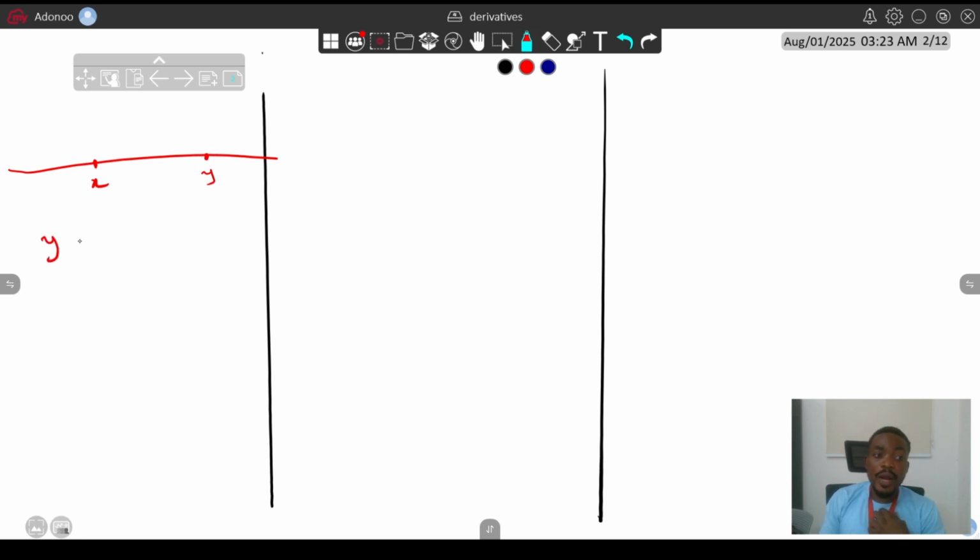So I can say Y is equal to where I stood at X, plus some distance H. Which implies that the distance between X and Y is H. So, if I want to find the difference between the two distances, I can say this distance right here is equal to what? X plus H minus X.